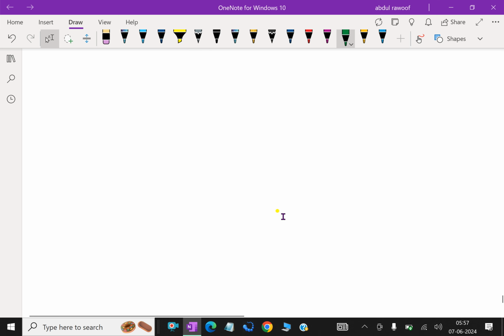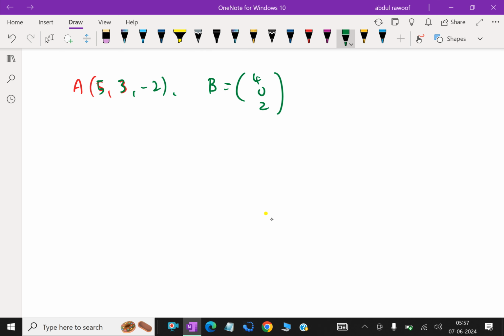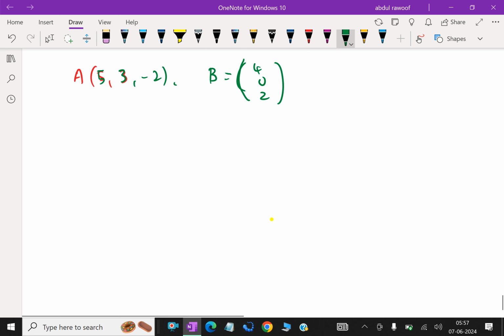Here, suppose some points are given. Vector A equals 5, 3, minus 2. Vector B equals 4, 0, 2. Then find OA.